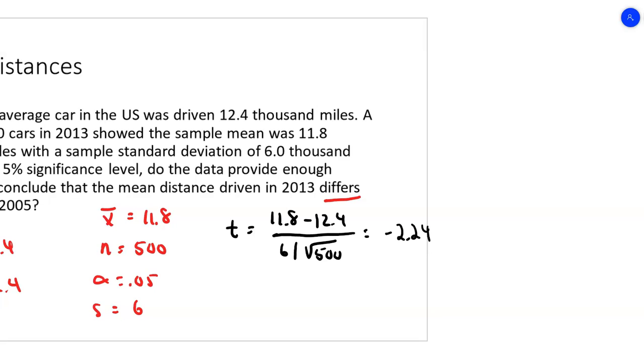So let's use my calculator and do that TCDF with a left-tailed, and then I'll just double it. Okay, so I'll go 10 standard deviations below the mean. I'll use negative 2.24 as my t-value and 499 degrees of freedom. Let's see what I get.